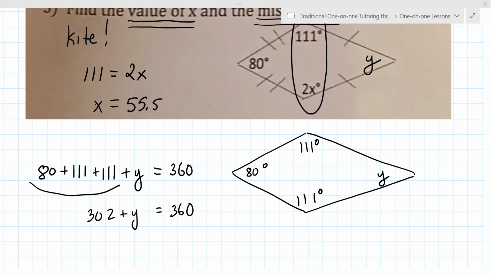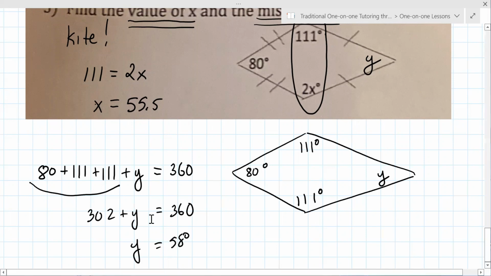What is the value of y? I got 58. Y is 58. Very good. So that is the missing angle.